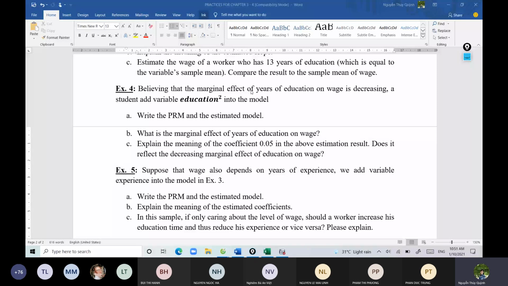That is, it suggests or implies the decreasing marginal effect of education on wage. Does it?